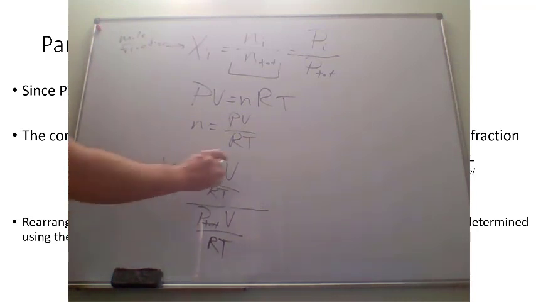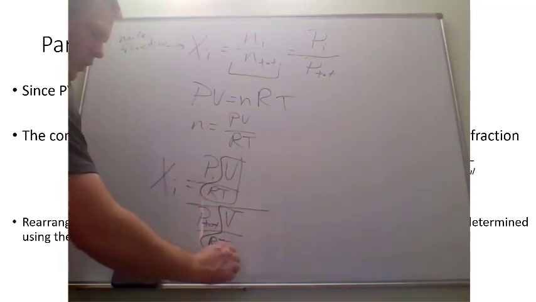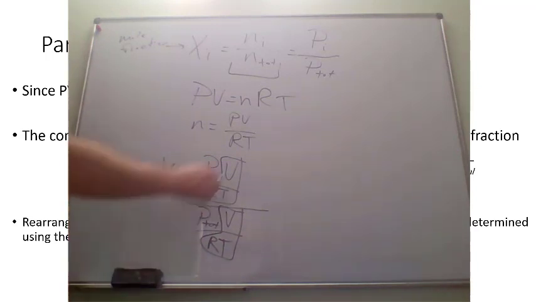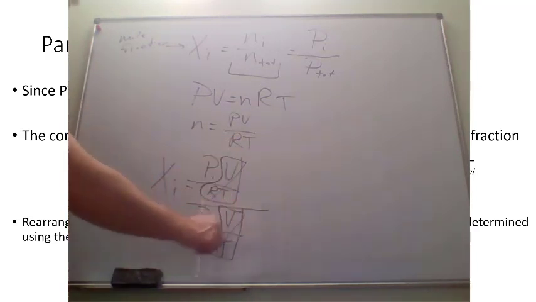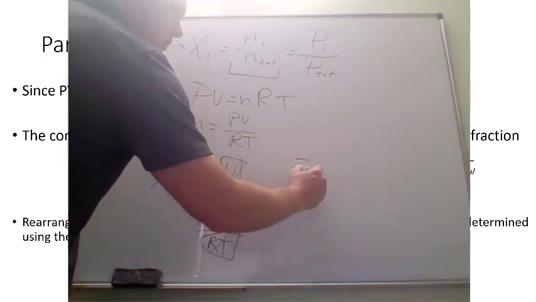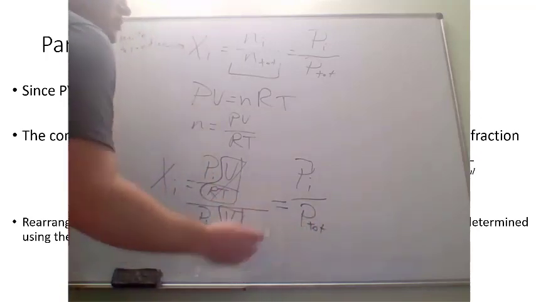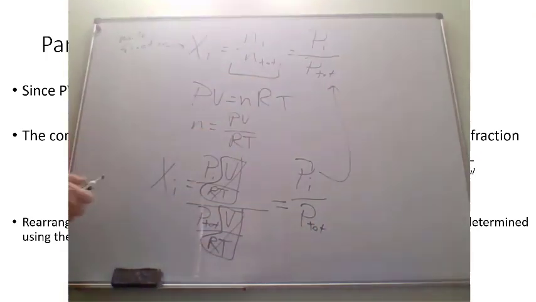We have volume over RT on the top and volume over RT on the bottom, so these two terms cancel each other out, leaving us with the mole fraction equal to the partial pressure of our individual gas over the total pressure. This proves to ourselves the secondary definition of our mole fraction.